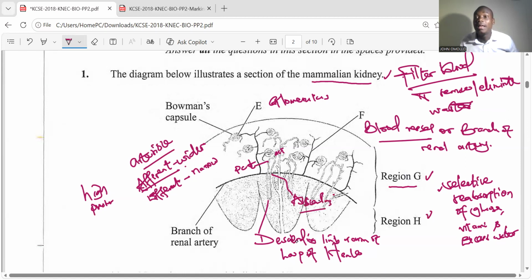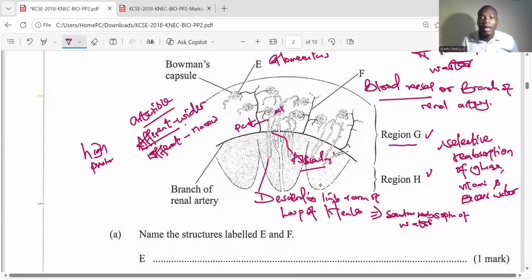The descending one plays a role of selective reabsorption of water. That is what the descending loop of Henle does. The ascending does what is called active reabsorption of salt, of sodium salt. So get the two differences.